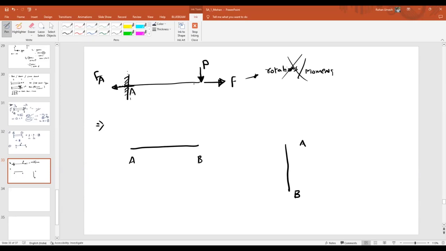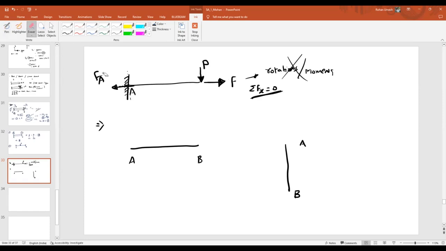So imagine there is a force F acting on the right side. We have to balance it. How can I balance it? Some force should act in the opposite direction. What is the equilibrium equation? Summation of force along X should be equal to 0. That means, how can I make this force equal to 0? By applying some resisting force in the opposite direction with the same magnitude.